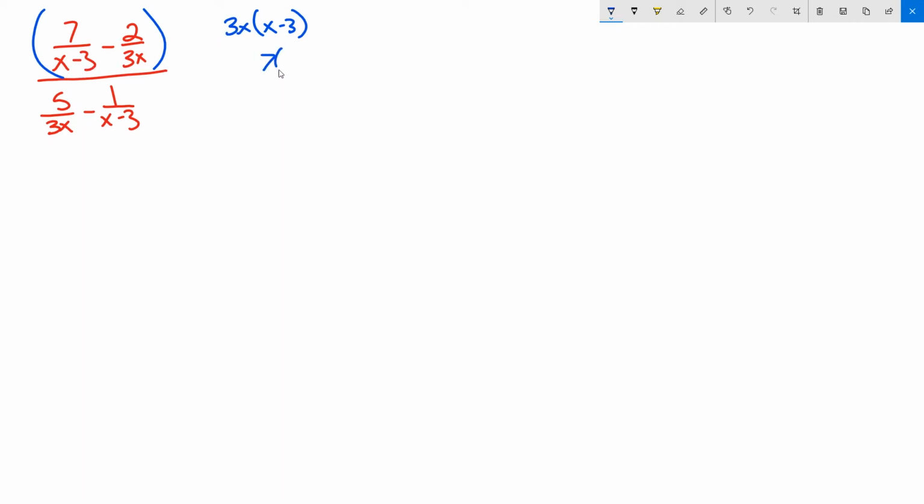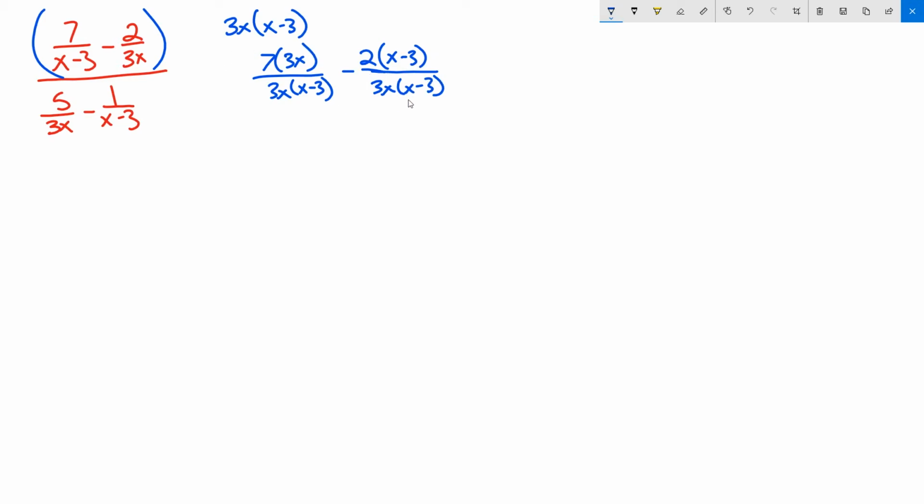So we have 7 times 3x over 3x(x minus 3). And then same thing here, our 3x needs to be multiplied by an x minus 3. So we're going to subtract 2(x minus 3) over 3x(x minus 3). Okay, so pretty simple so far.